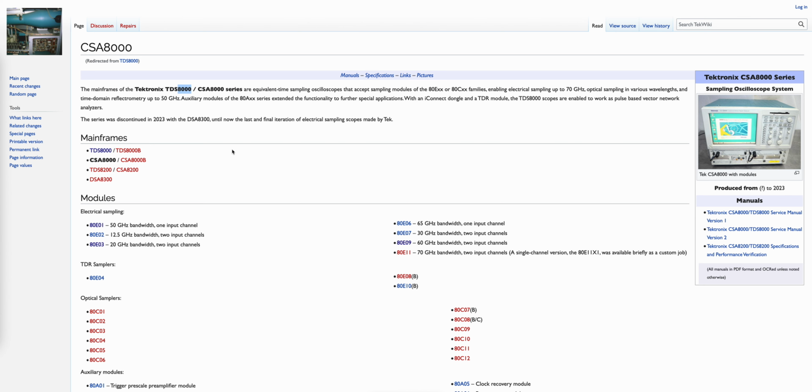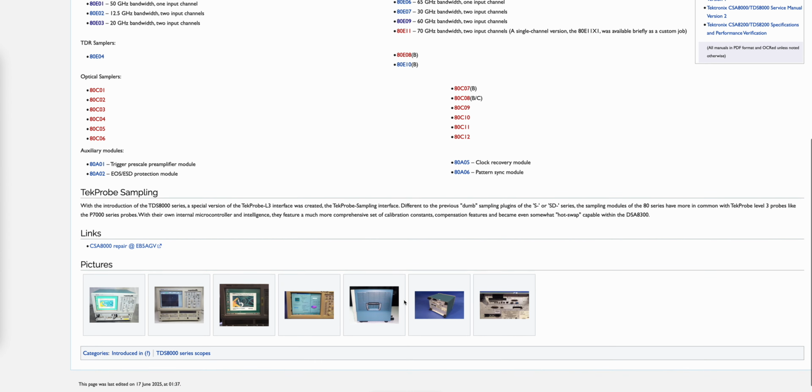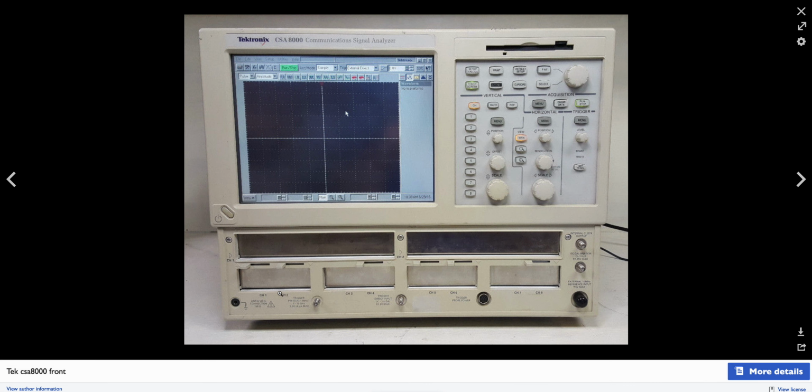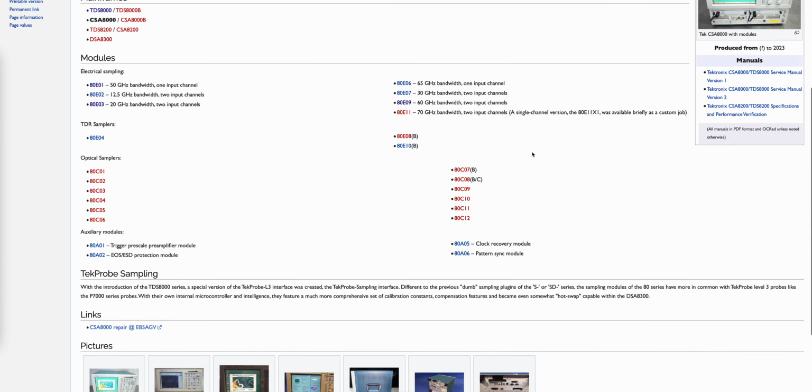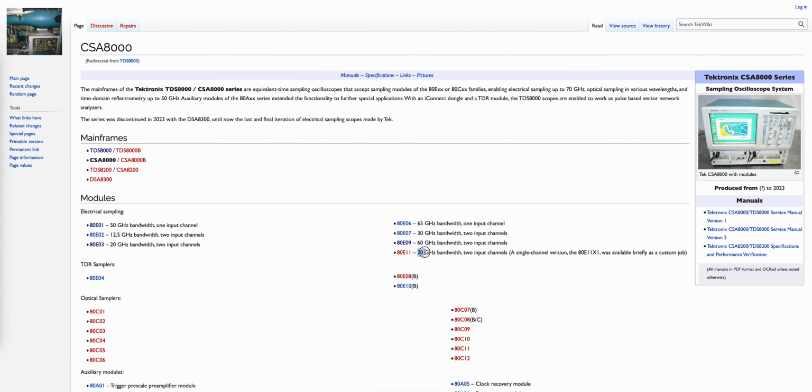Very impressive devices. We have more slots. We have 4 slots, very similar to what we have seen in the 11800 series, and 2 more slots for bigger applications up here, and yeah, up to 70 gigahertz.